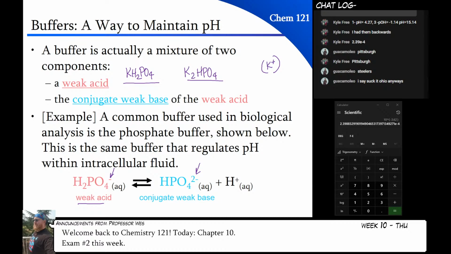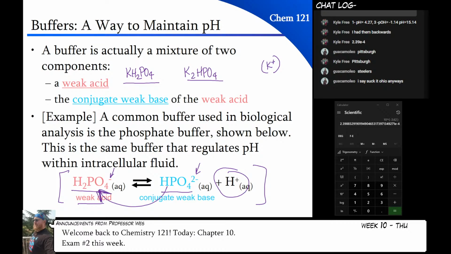Now, because we are using these two substances, which are conjugates of each other, they differ by H+. And as a result, adding H+ means that I will turn something into something else that already exists.